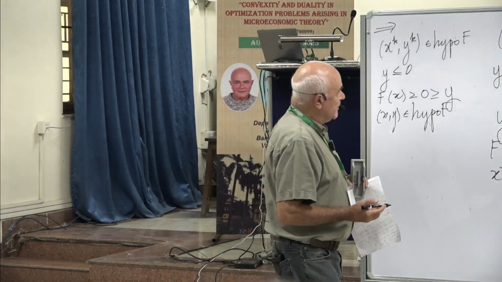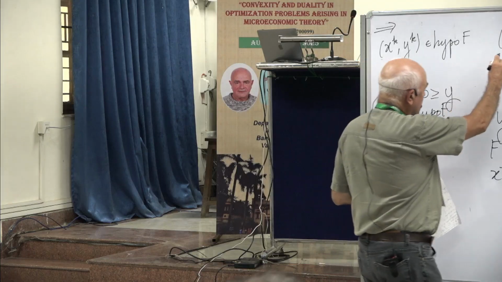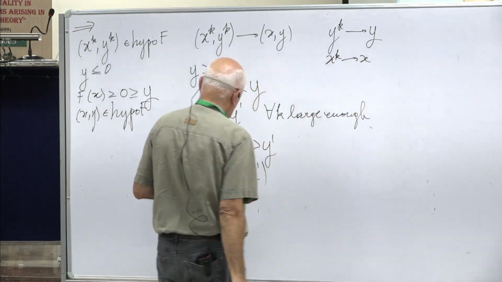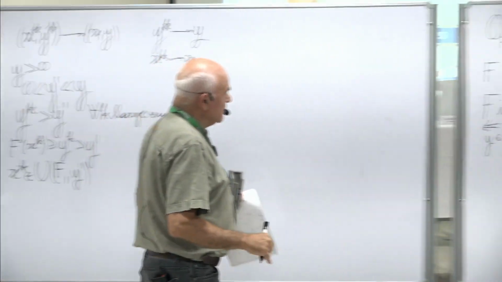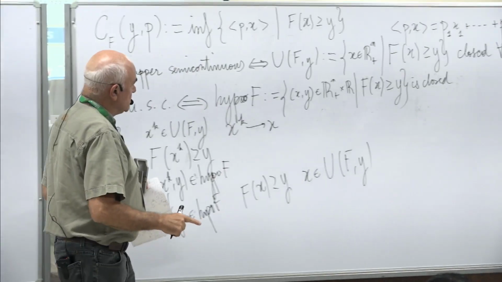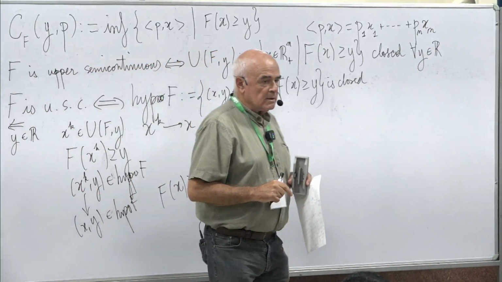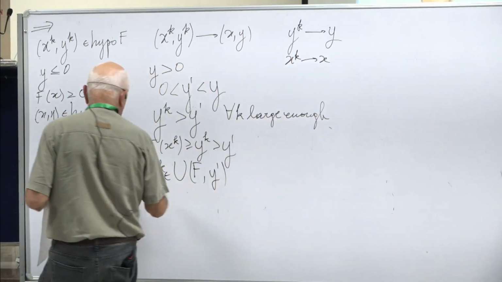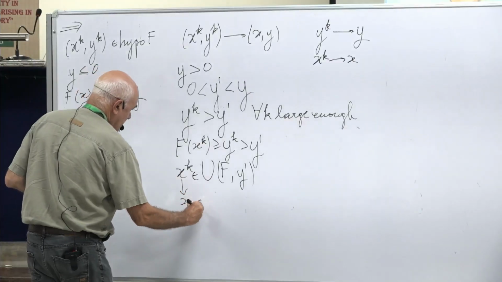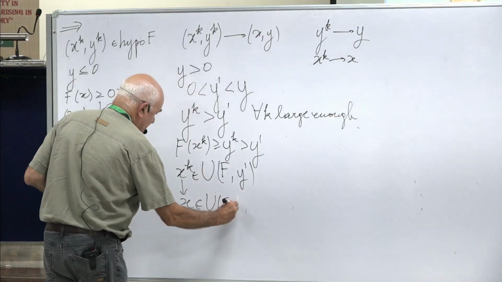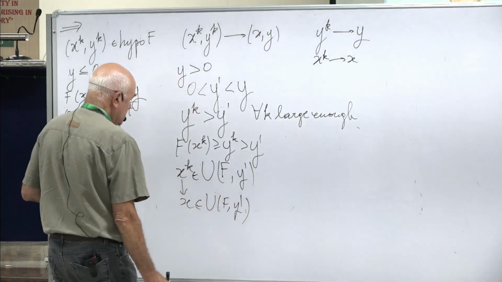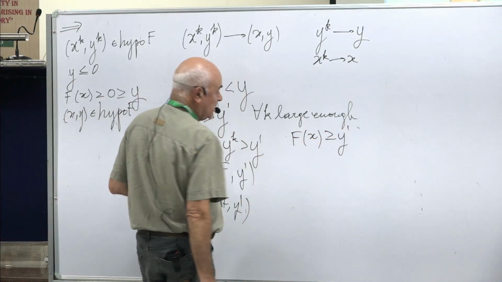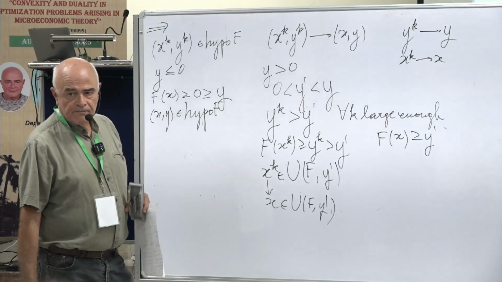Okay? Then, since xk converges to x, and we are assuming now that f is upper semi-continuous, which means that all the upper level sets are closed, then the limit of xk is in the upper level set of f at y prime. What does it mean? That f of x is greater than or equal to y prime.